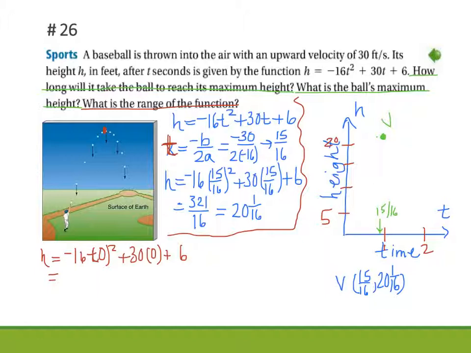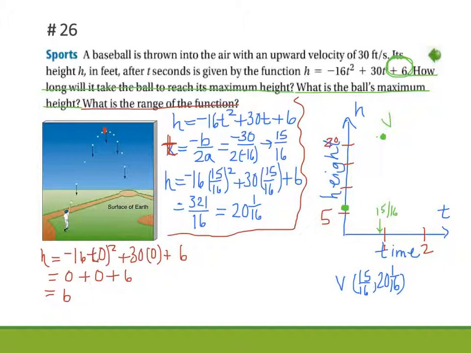Well, negative 16 times 0 squared is 0, and 30 times 0 is 0. Then I have 6. So my height would be 6. So that tells me that my y-intercept is (0, 6). Well, notice that that actually corresponds to this value here. So the c value is going to be your y-intercept.